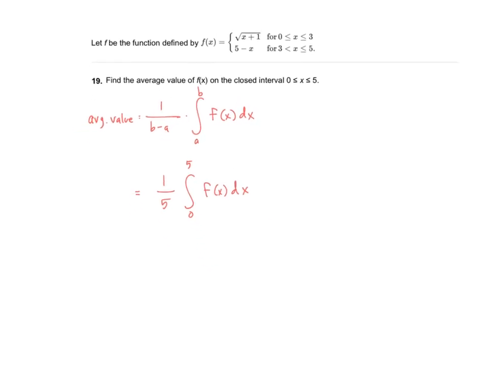To find the area from 0 to 5, we'll first find the area from 0 to 3, because it's that one piece, and that piece is x plus 1 to the 1/2. And I add it to the area from 3 to 5, the other piece of f.